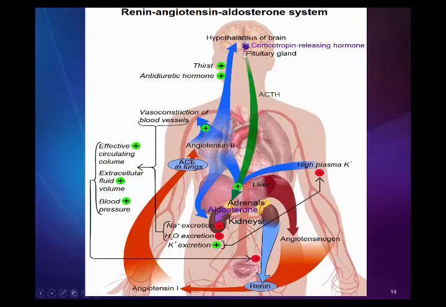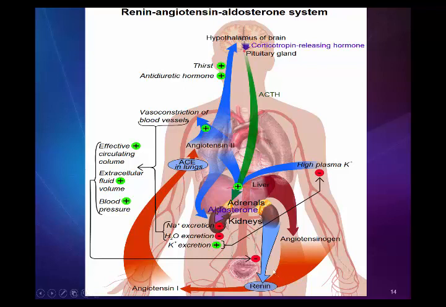Over here you can see in the anterior pituitary, we count on the ACTH to release the glucocorticoids in the kidney as well in order to influence the fight or flight process.